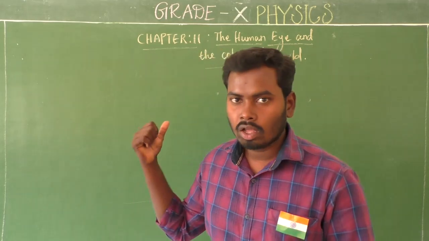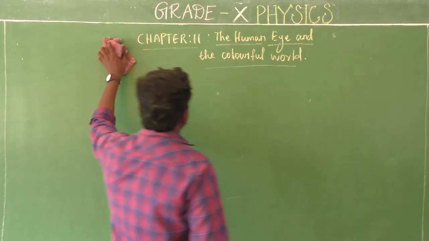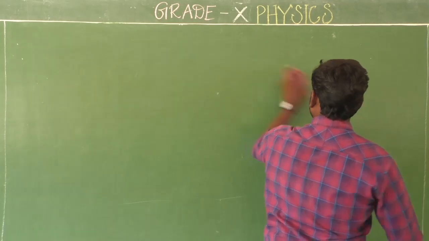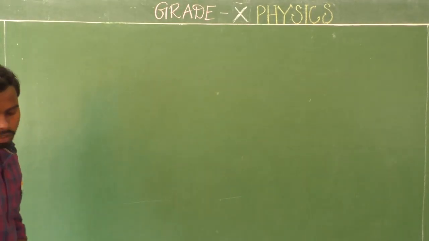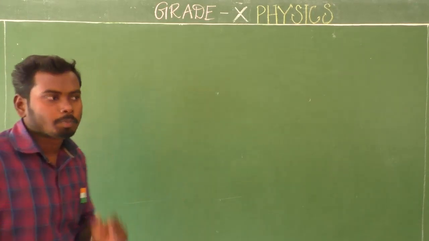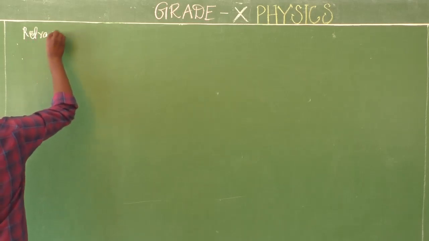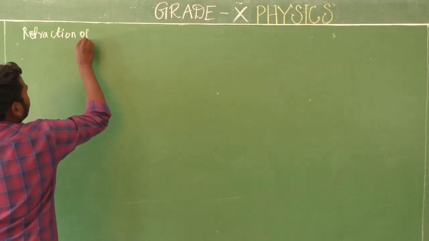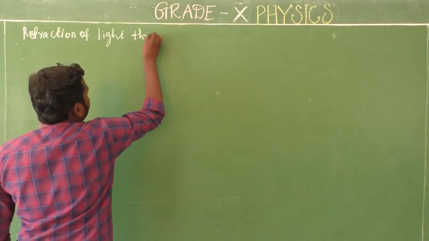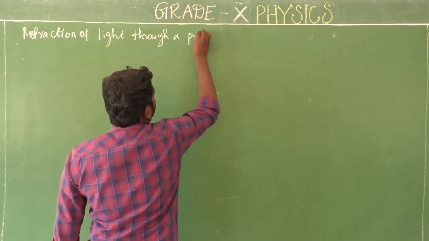I'll write the title. You look here. I'll write the title because I need some space. So today's class starts with refraction of light through a prism, or glass prism, we can say that.